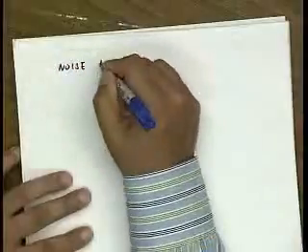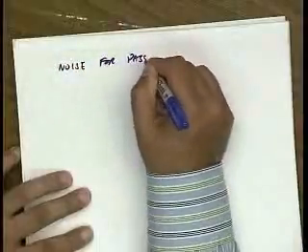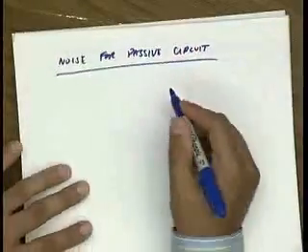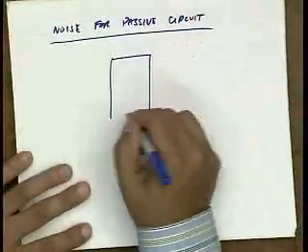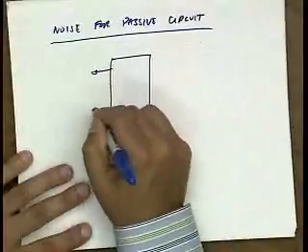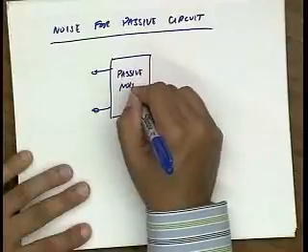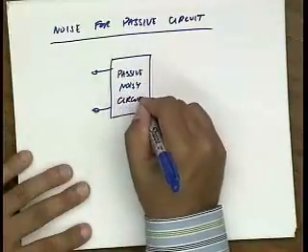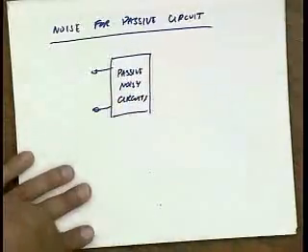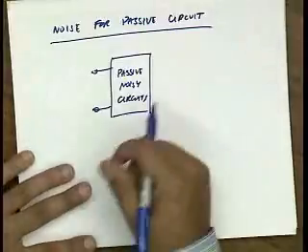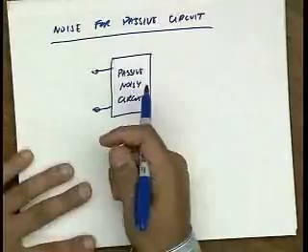Okay, and then we can kind of generalize this. This is noise for a passive circuit. So the idea is I have this black box, and basically I just tell you this is a passive circuit. So there's L's, R's, C's, let's say ideal current sources, voltage sources, there's dependent sources, but it's passive. Okay?